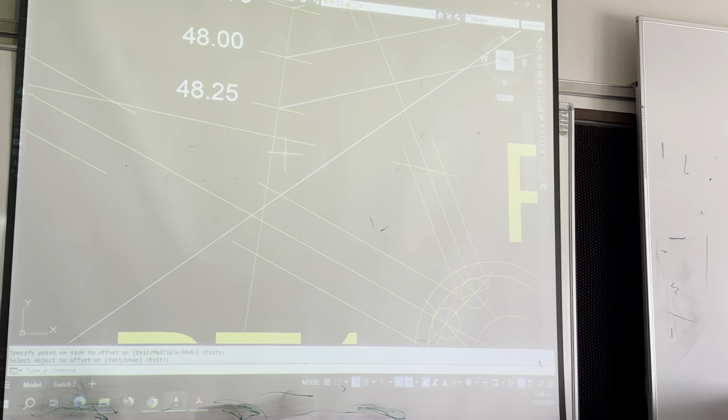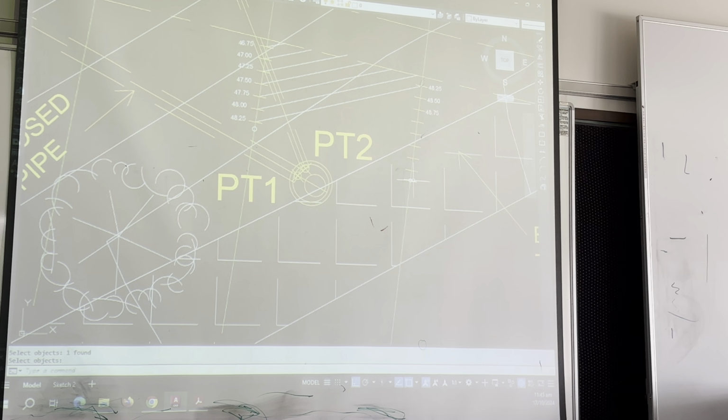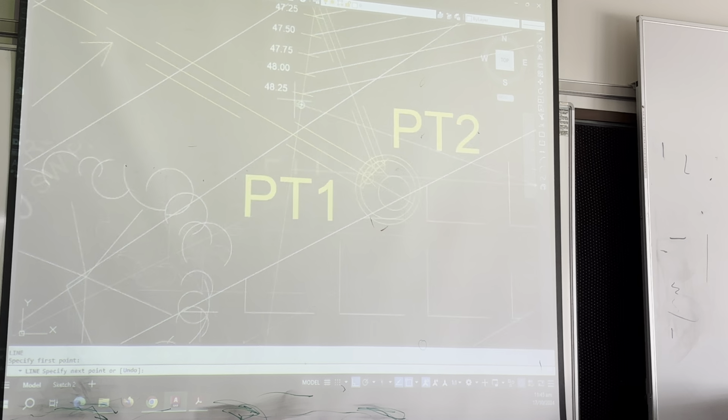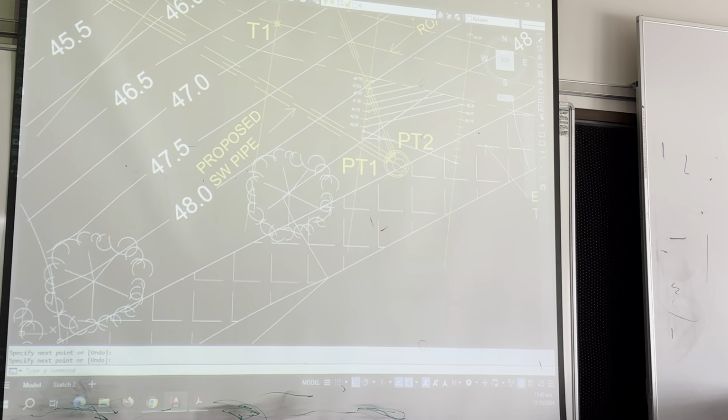There it is there, special circle there. Okay, so that means that our batter slope goes from that point, this is the butterfly wing, sorry, to that point there. So I've drawn the butterfly wing on.